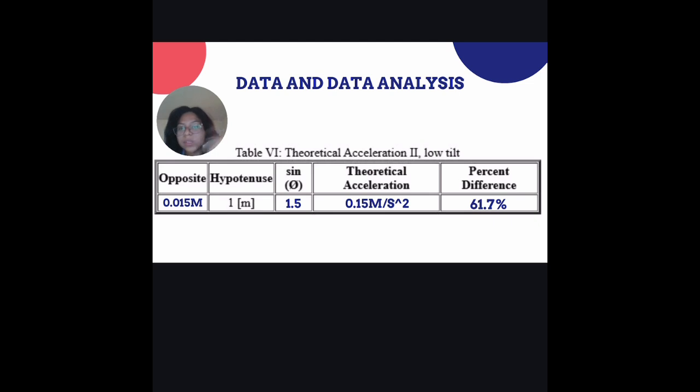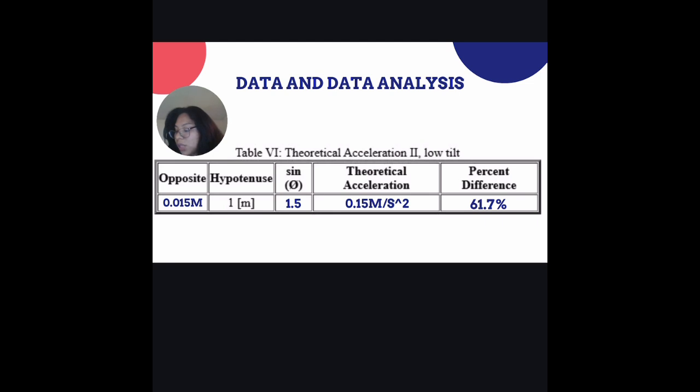Our hypotenuse was 100 centimeters or 1 meter. And the side opposite our angle was now the new height, which is 1.5 centimeters. 1.5 centimeters divided by 100 centimeters equals 0.015. That's how we got the new sine of our angle.